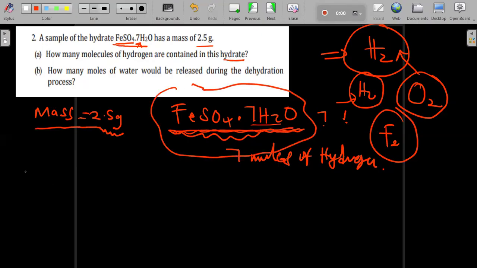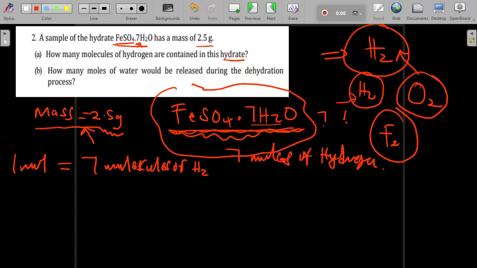So our ratio is going to be: in 1 mole of the compound, I have 7 molecules of hydrogen.